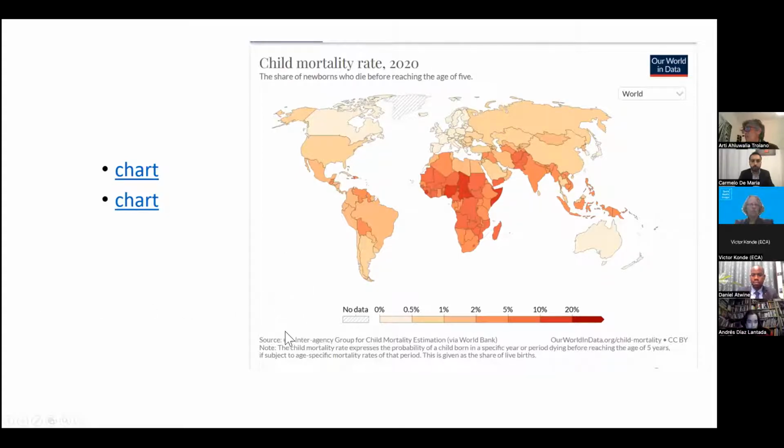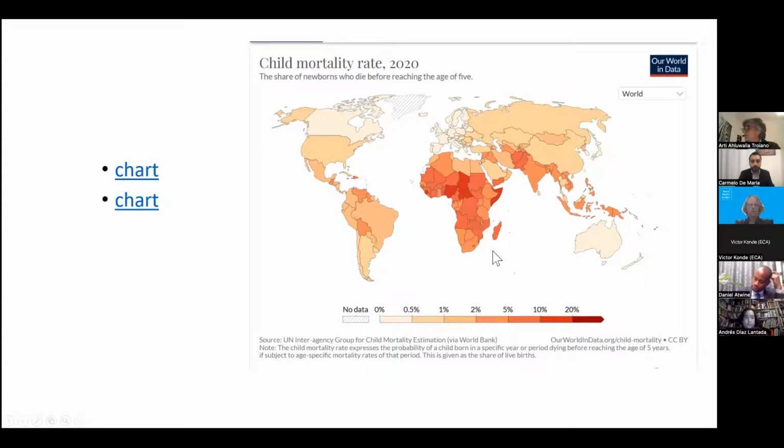There are some countries in which there's no data because there are very few people, but there are some countries in which we are way higher than the SDGs call for. The SDGs call for an end to preventable deaths of newborns and children by 2030, and we would like to reduce this to 2.5%.